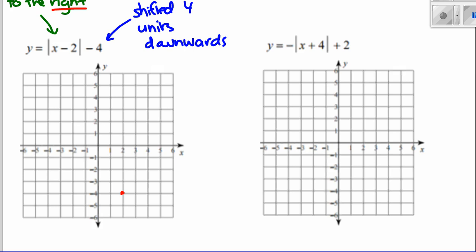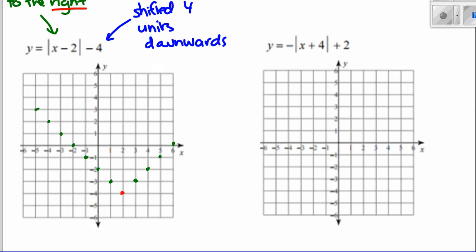This little point here would have gone 4 units down, 2 units to the right, so it would have moved there. And so on. This little point would have gone 4 units down, 2 units to the right, so it would have moved there. And so on. You can probably see a little pattern. It's pretty easy to draw the absolute value function.